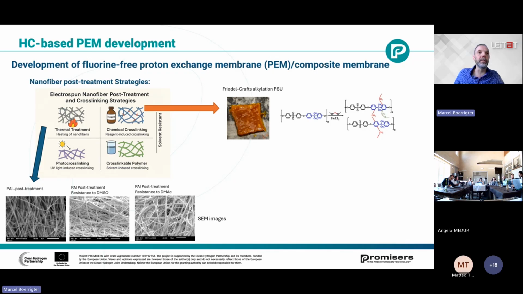In the lower part you can see some thermal treatment of the nanofibers, and on the right side some Friedel-Crafts alkylation of PSO, which was not going so well. As you can see, it's getting quite dark. But currently we are working on cross-linkable polymers to see if this can be improved.